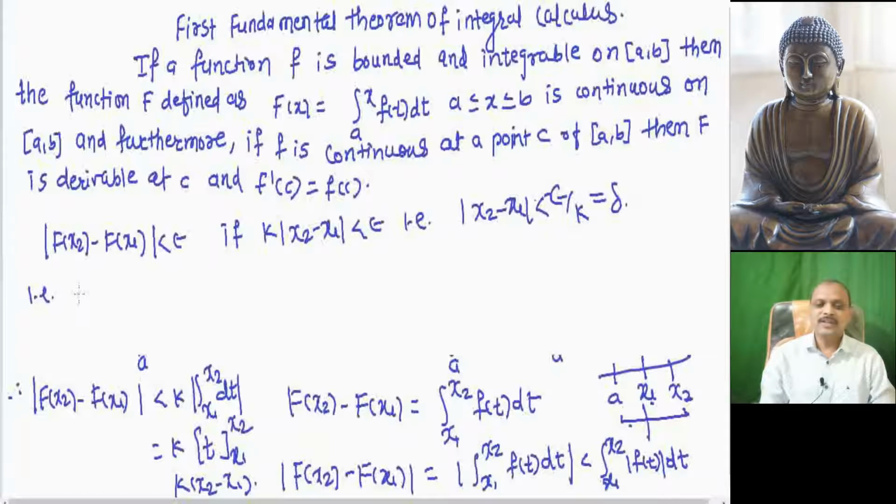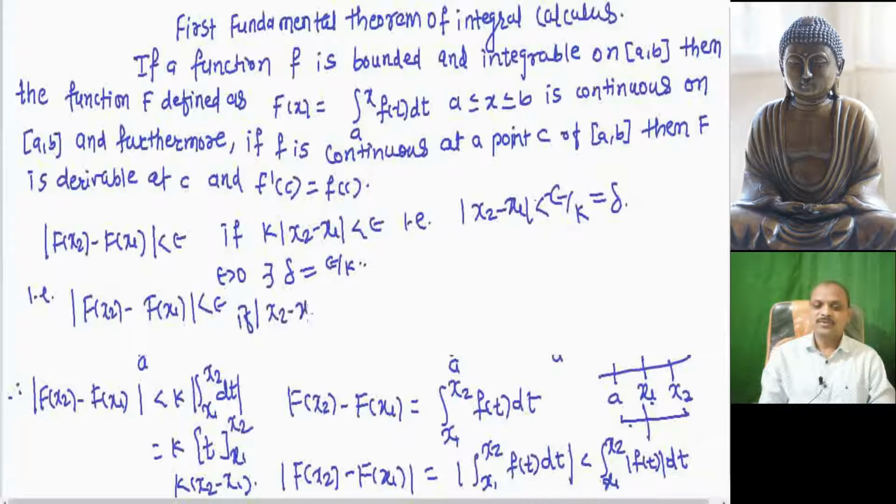Then x1 and x2 are any two points of the closed interval [a, b], and mod of F of x2 minus F of x1 is less than epsilon. For epsilon greater than 0, there exists delta greater than 0 having the value epsilon divided by K, such that whenever mod of x2 minus x1 is less than delta.